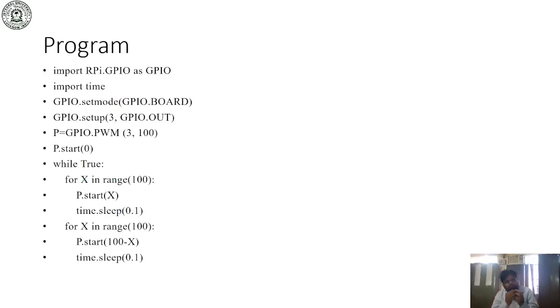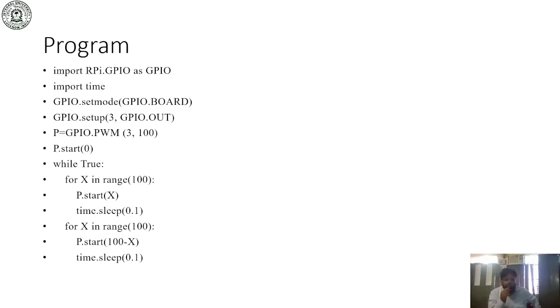Whenever I program it, I will explain it to you, but here I will briefly explain how the brightness will be controlled. The first line is import RPi.GPIO as GPIO.